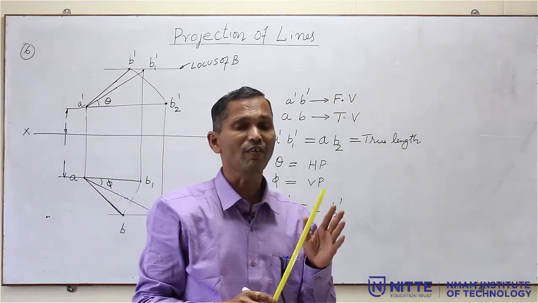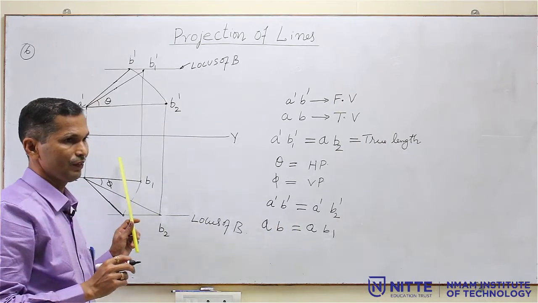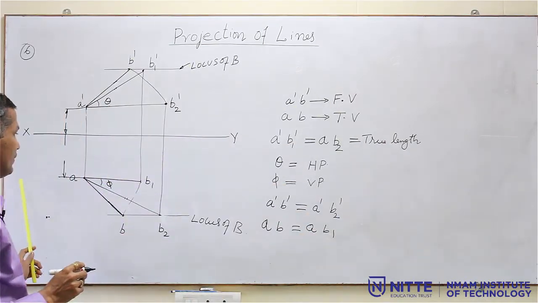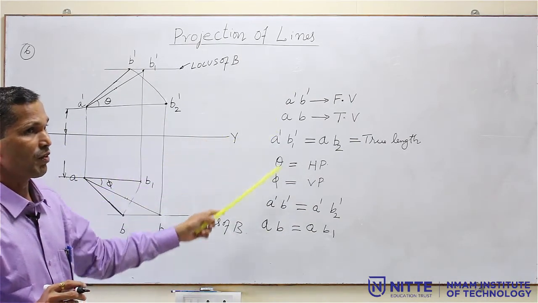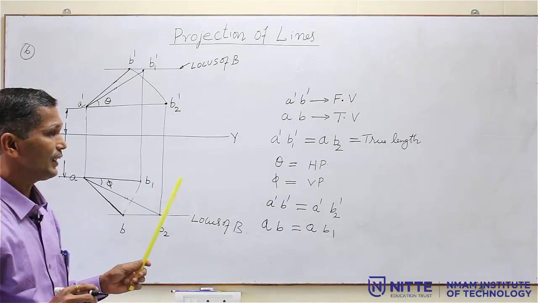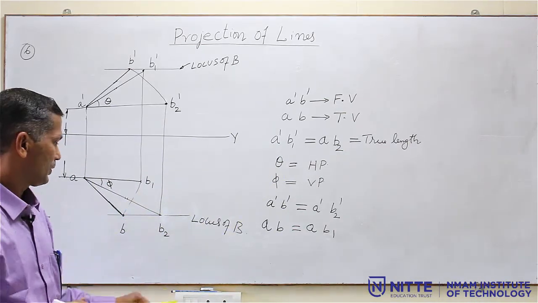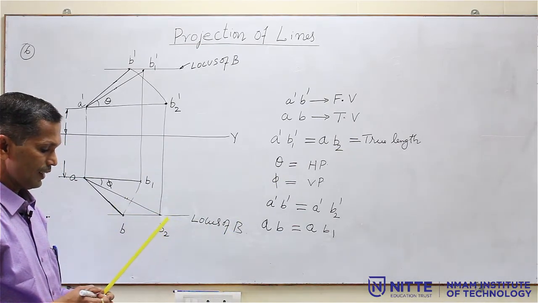Like this, if totally 5 pieces of information are given, we can get this solution. How? You have to remember all these things, this figure and all this information. You have to practice it, then only we can go for the problems and solve them. How all these lines are obtained.